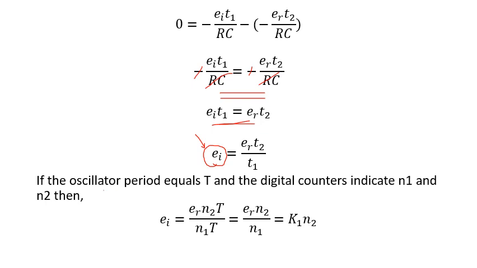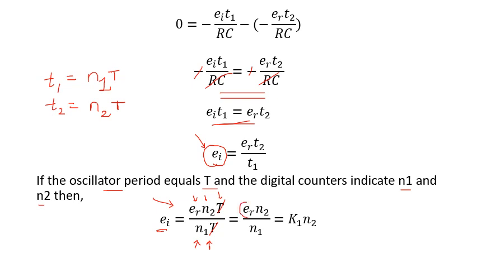If the oscillator period is T, and the digital counter indicates N1 and N2, then T1 is equal to N1 times T, and T2 is equal to N2 times T. If you substitute that, EI is equal to ER into N2 T divided by N1 T. The time period will cancel, and finally you get the result.